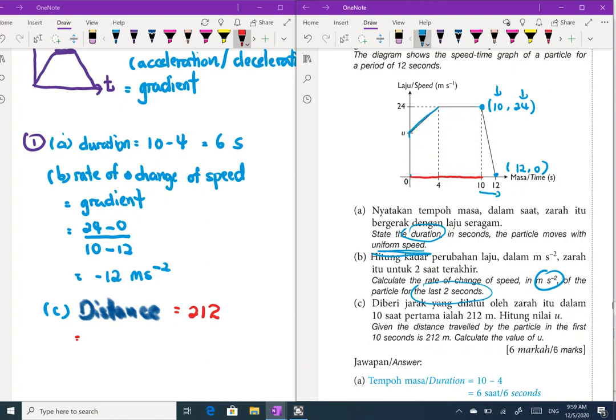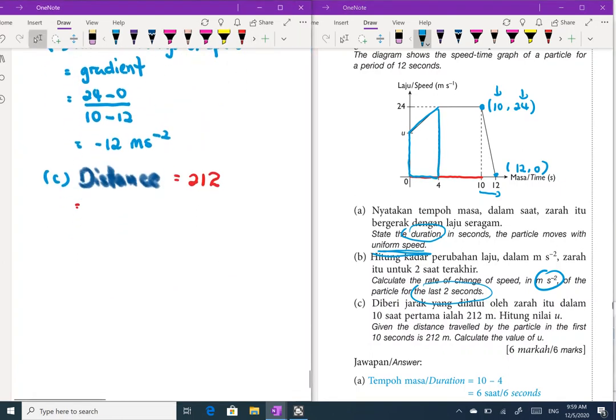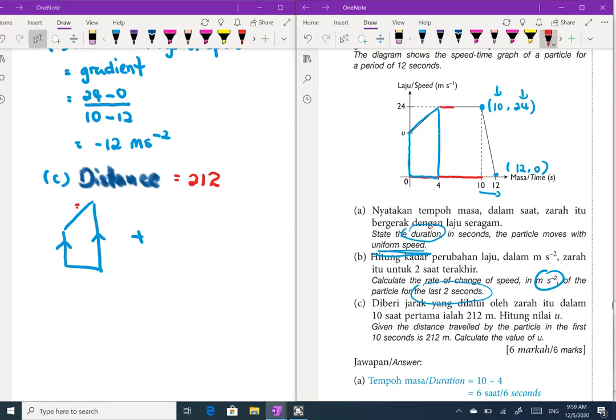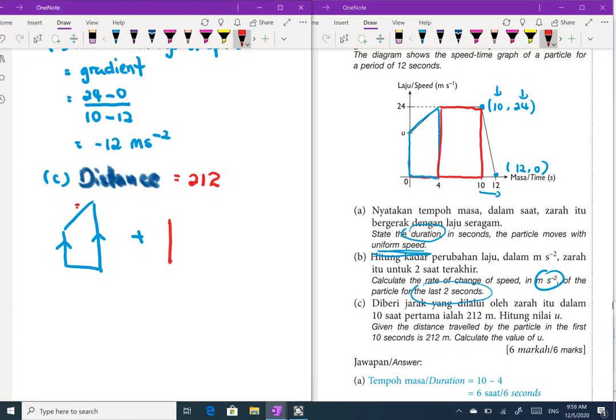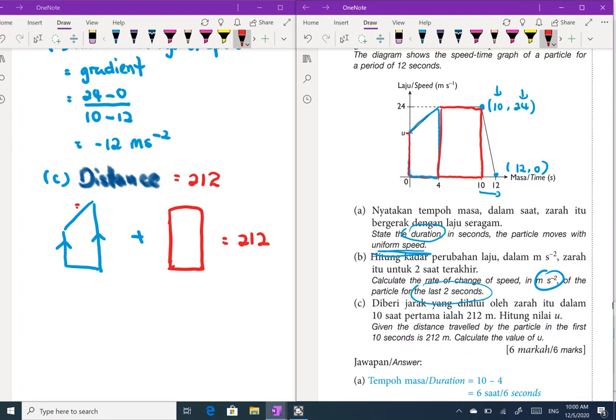So now I separate it into two. One is this area, this is our first area. So this is a trapezium, with two parallel lines. Plus the second area is our rectangle. So total is 212. Now I determine the length for each side. So the length for this one is u.